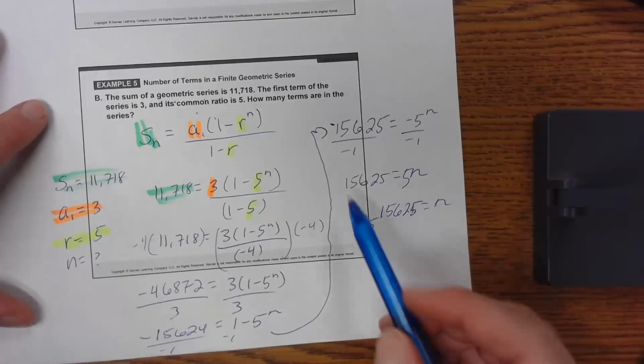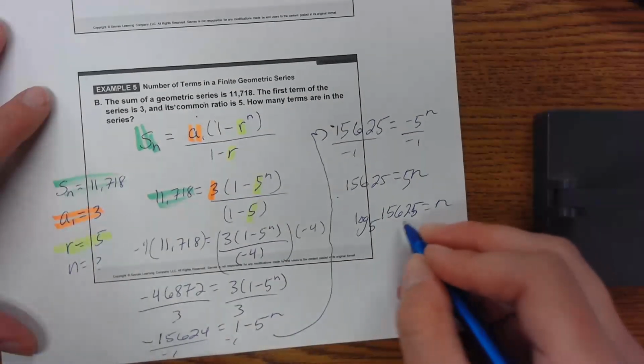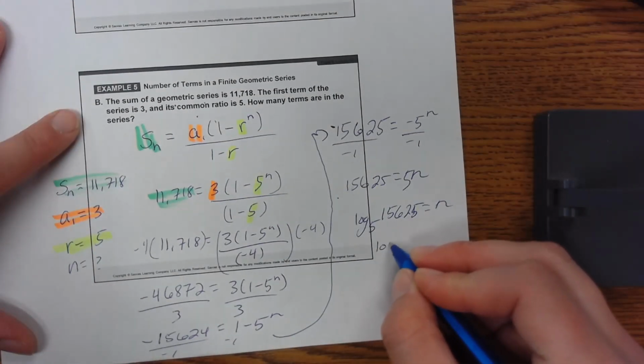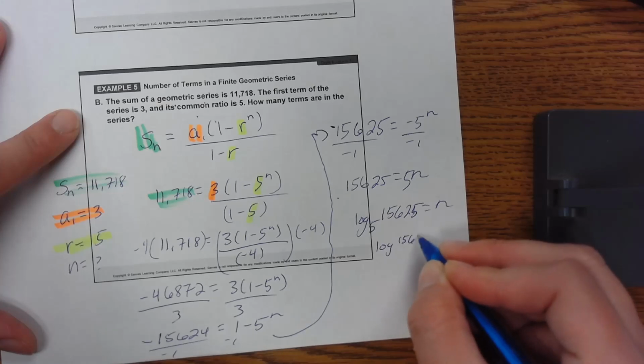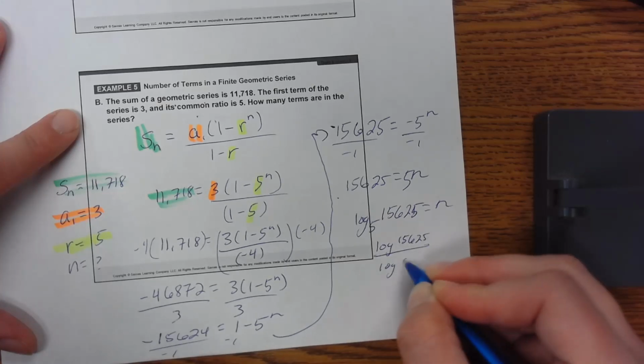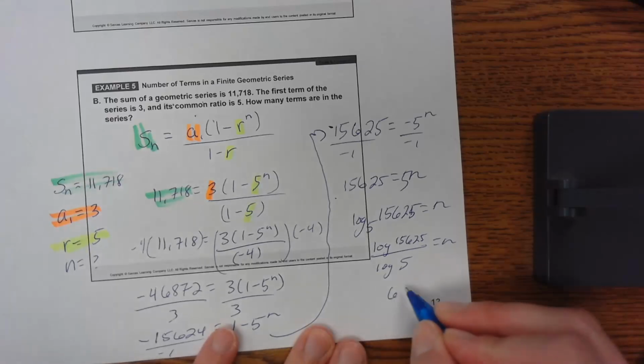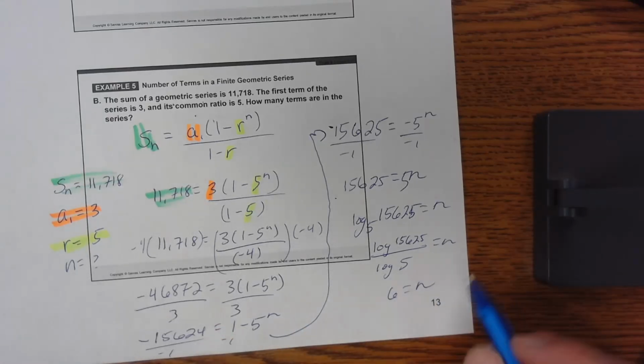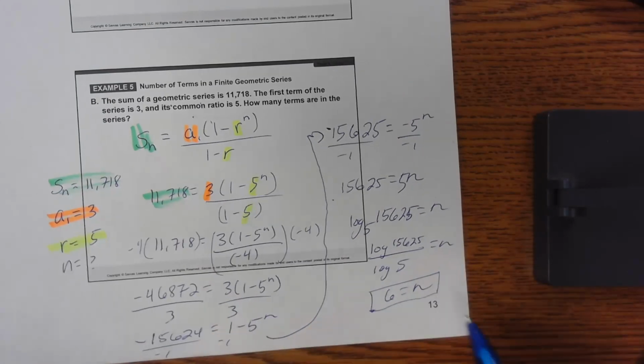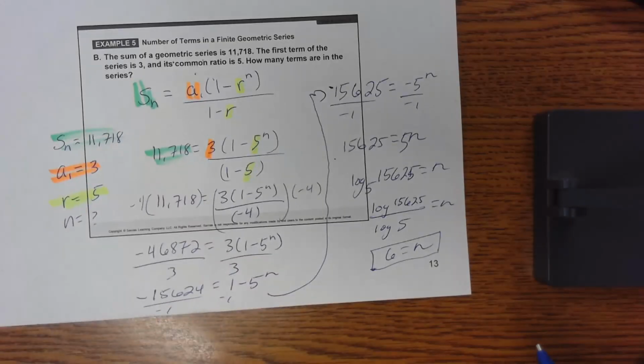Okay, the other way, you can log both sides if you don't want to use change of base, because we're going to get there anyhow. And we get about 6. So 6 is our terms.